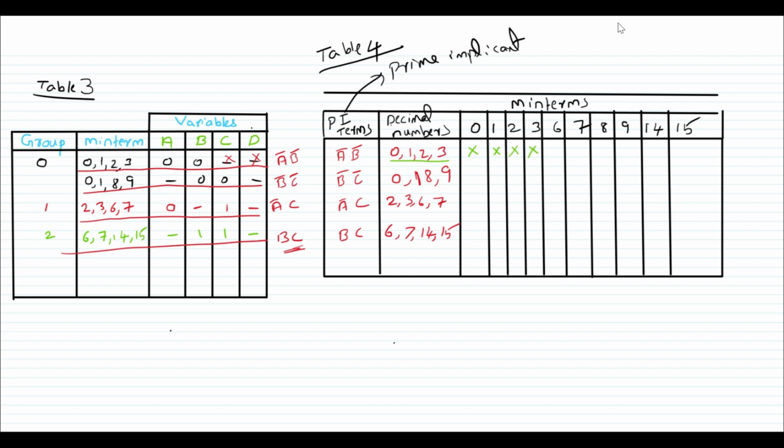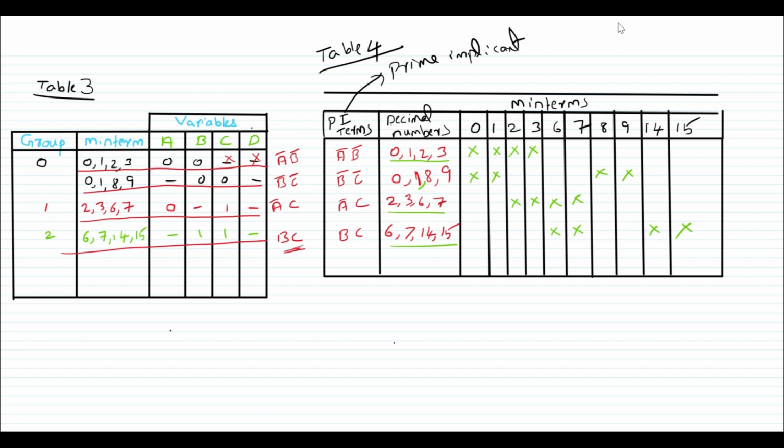And here 0 is there, 1 is there, then 8 and 9. 8 is there, 9 is there. For this, 2, 3, 6, 7. And for the last one, 6, 7, 14, 15. So this is the final table, and it is also known as the prime implicant table.